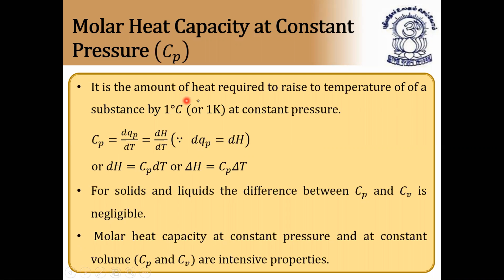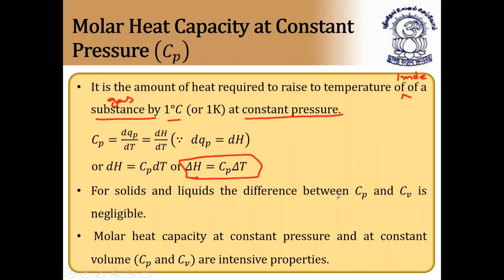It is the amount of heat required to raise the temperature of 1 mole of a substance, that is nothing but gas, by 1 degree C or 1 Kelvin at constant pressure. The same formula: delta H is equal to Cp delta T, where delta H is the enthalpy.